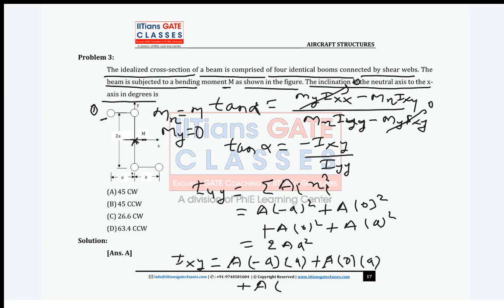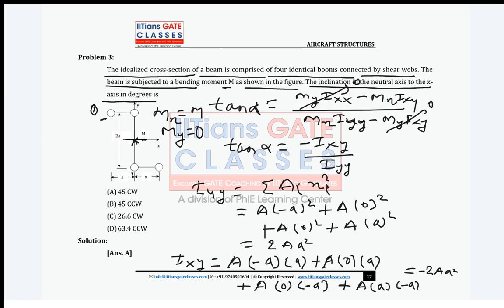Xi 0, Yi minus A. And then plus, what is the area? A. What is the Xi distance? A. What is the Yi distance? Minus A. So what is the Ixy coming, guys? Minus 2A square, right? It is minus 2A square.